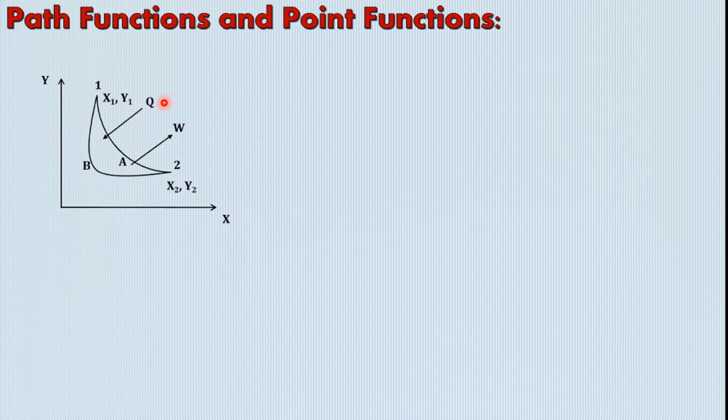Gas molecules will absorb that energy, and then those gas molecules will do certain work. So when the system moves from state 1 to state 2, if we provide a certain amount of energy Q, then for that energy provided to the system, it has to do certain work.